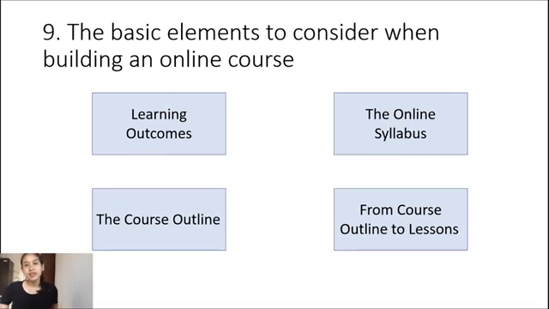The online syllabus that the teacher provides, for example, on Schoology, shows what students will learn in one semester, for example, and the course outline is the same as the syllabus. So, the outlines of the course, and from course outline to lesson.